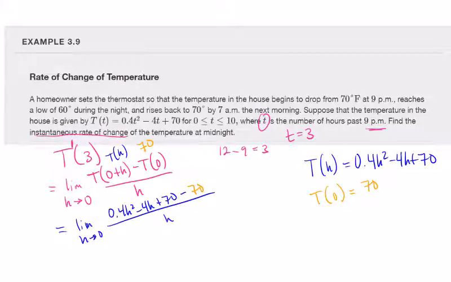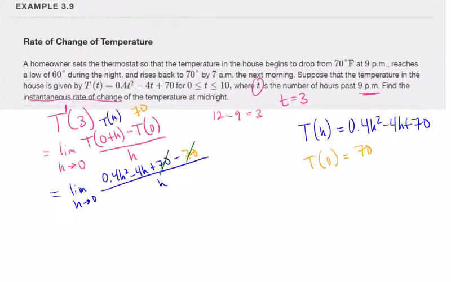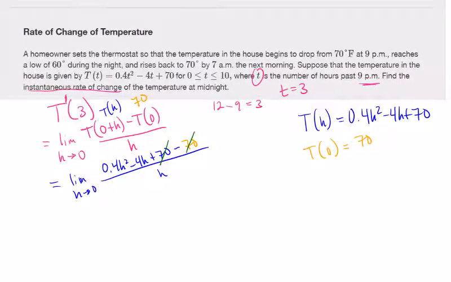As we can see, and what's happened a lot before, those 70s cancel out, and now we end up with that expression, which we can factor an h out of. So we end up with h times the quantity 0.4 h minus 4, all over h.